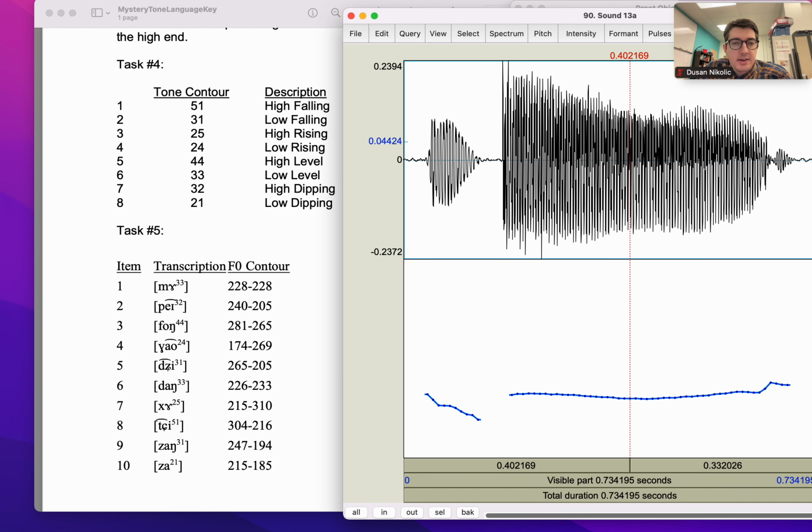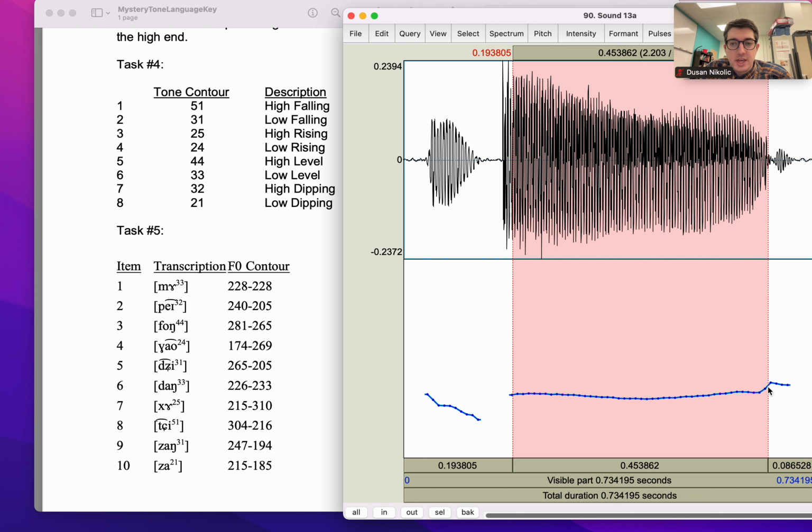Or let's see what the key says. 2-1, 2-1. Yeah, that's okay. Low dipping. I'd say even differently a little bit, 1-1 or 2-1.